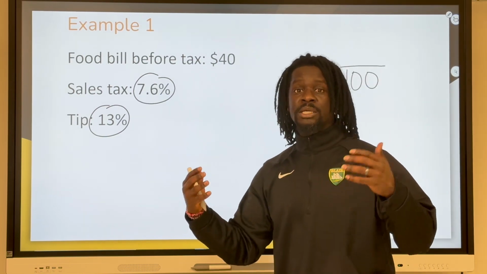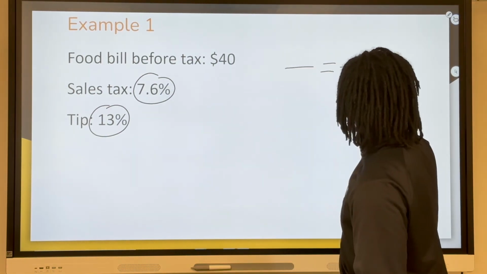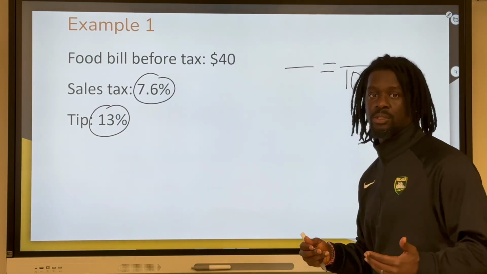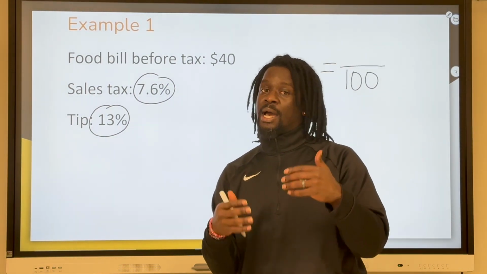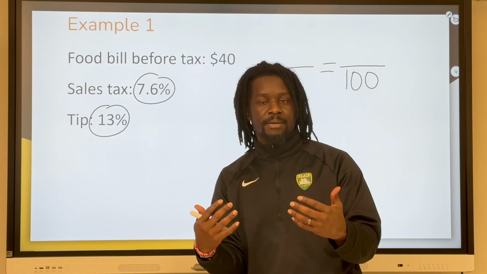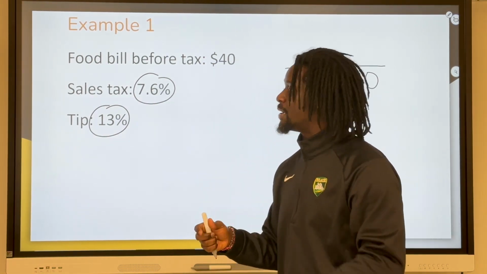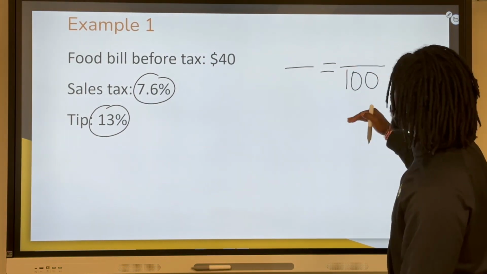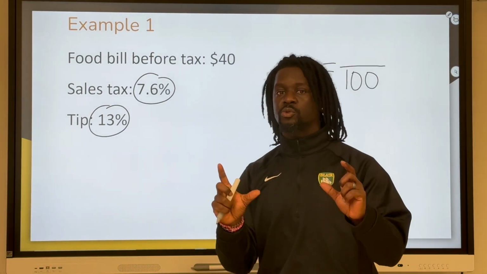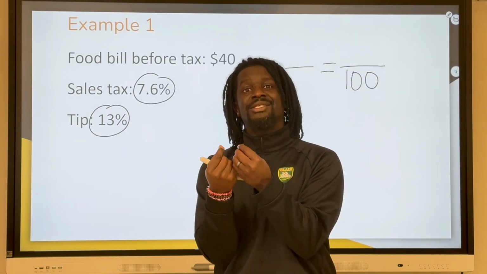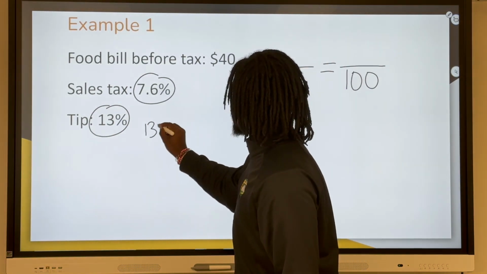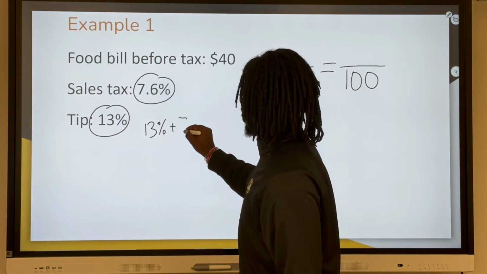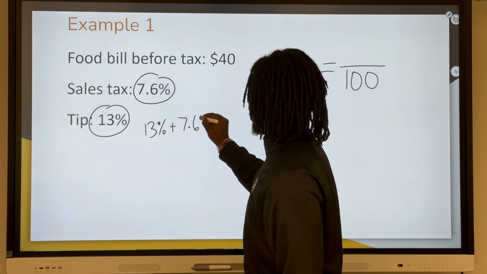And so what we could do is do each percent individually. But I know you like me saving you steps, so I'm going to save you a step. Instead of doing 2 different proportions, we're just going to put the 2 percents together. So we're going to take the 13% and the 7.6%.